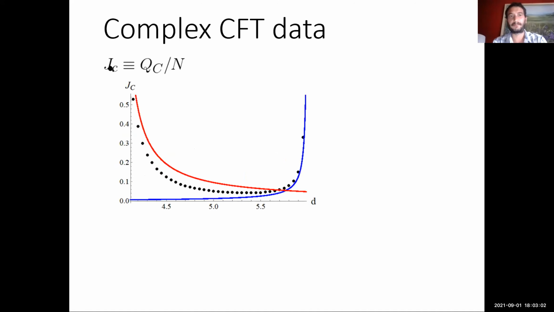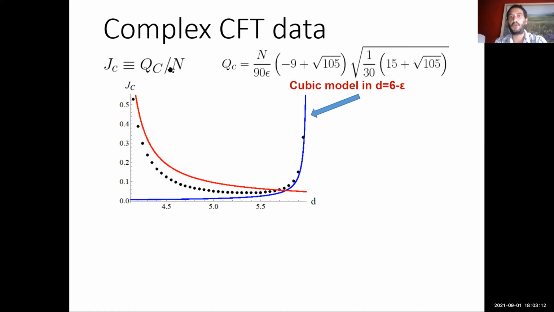This is the result, which again we write in terms of the variable j, so the ratio q over n. In particular, the blue line is the behavior we found for the critical charge at the leading order in the epsilon expansion in the cubic model in d equals 6 minus epsilon, which describes, of course, well the behavior near 6 dimension, but not well at all the behavior near 4 dimension, as expected.